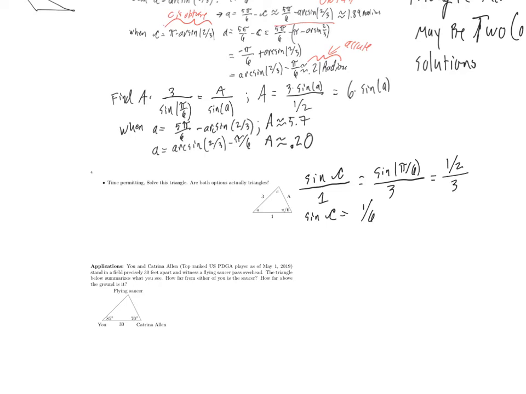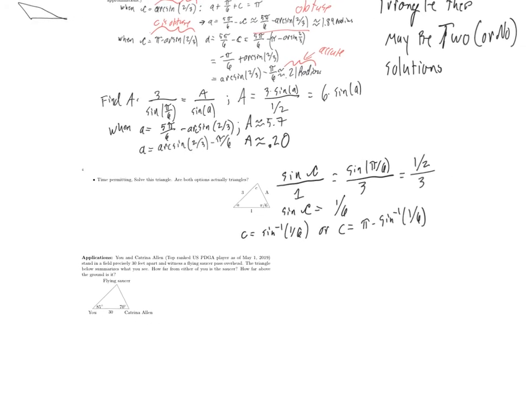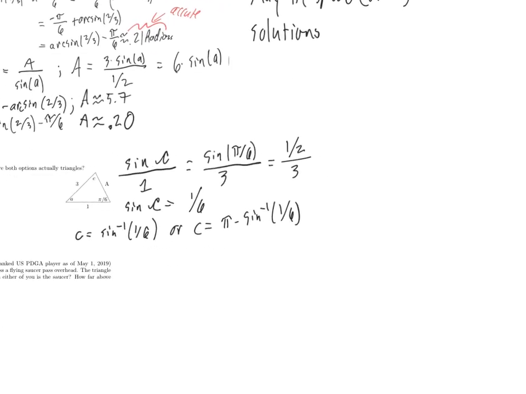Then you check for possible answers. So the options are c equals sine inverse of 1/6, or c equals pi minus sine inverse of 1/6. But I claim that one of those is obviously wrong.